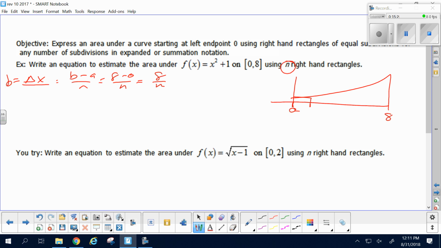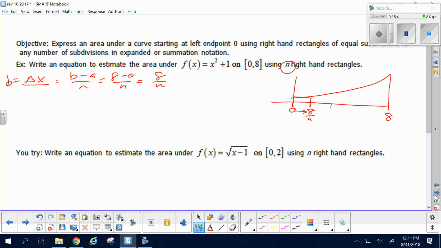How far do I go each time, or what's the delta x? 8 over n. And so I ask you again, what's the first x I put in? 8 over n. Oh, great. The second x I put in is 16 over n.